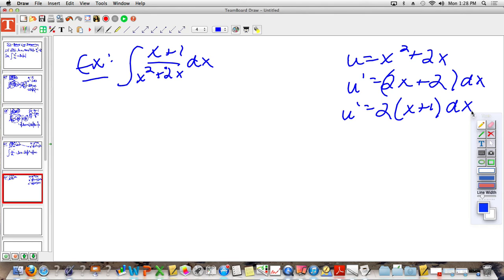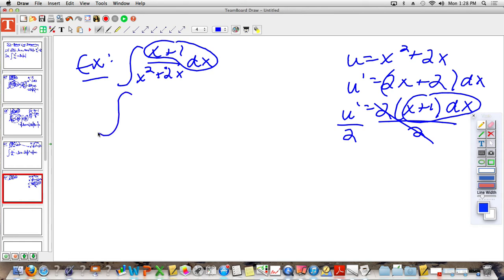All right, so we have x plus 1 dx right here, but I have a 2 in front of it, so what do I need to do to get rid of my 2? Divide by 2, so you divide this side by 2, divide this side by 2. So x plus 1 dx, this right here, it means u prime over 2, so I'm going to have a u prime over 2 here.